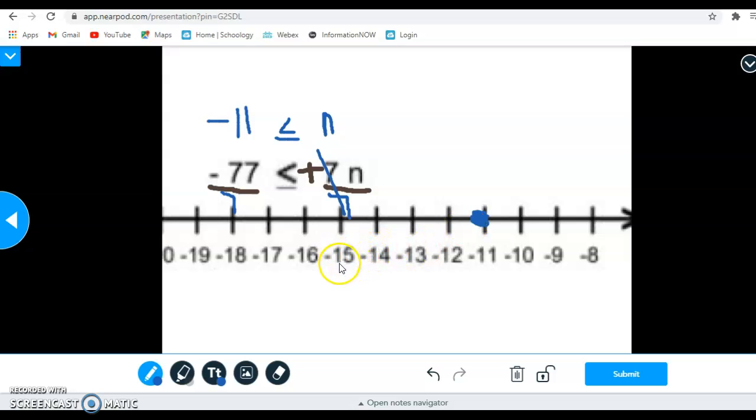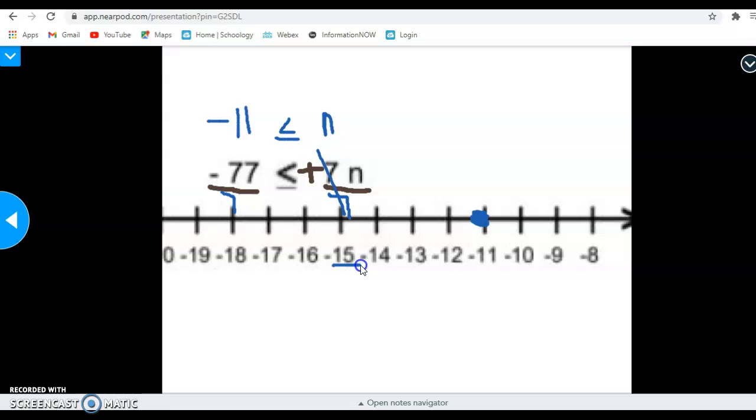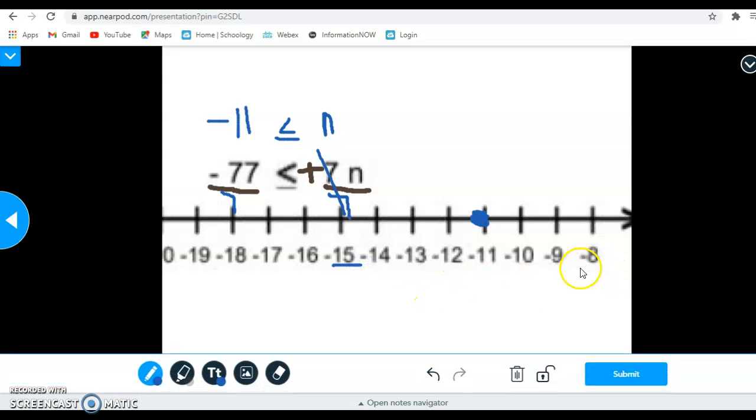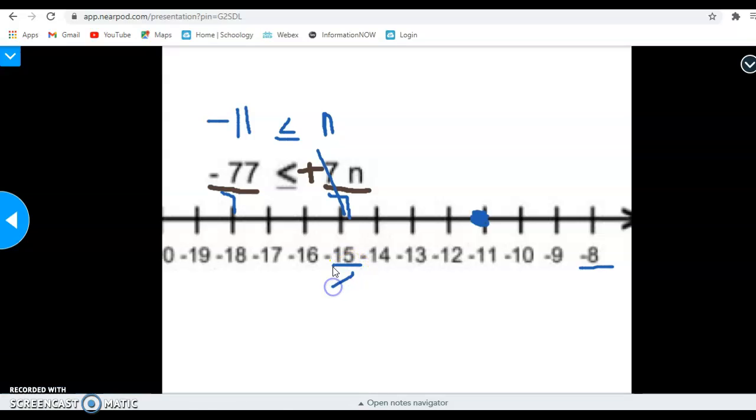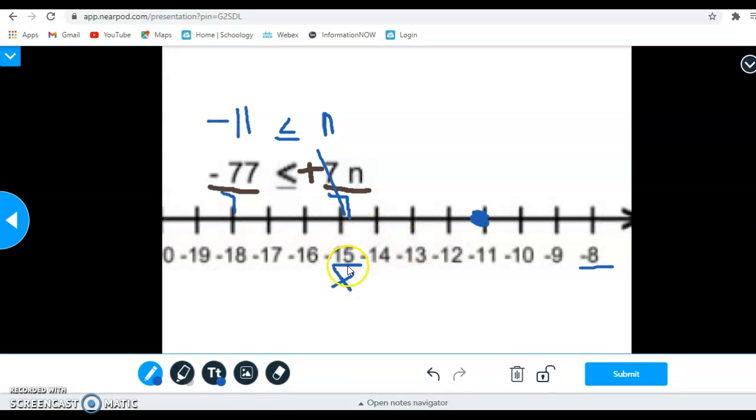We're going to use two test points: negative 15 and negative 8. So we're testing to see if negative 11 is less than negative 15. Is negative 11 less than negative 15? No, it's not, because negative 15 is here and negative 11 is here.